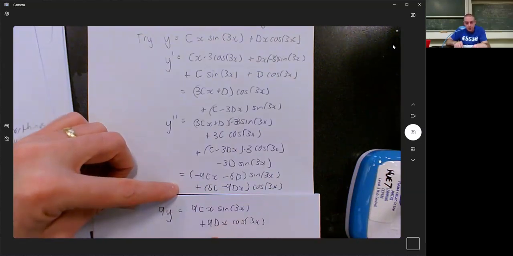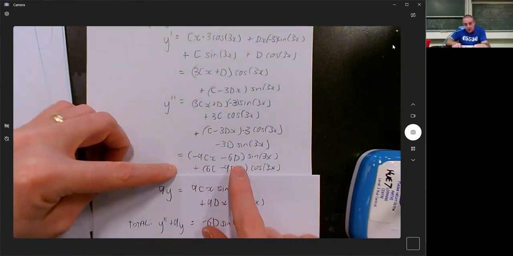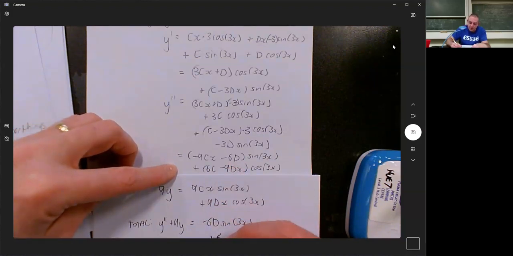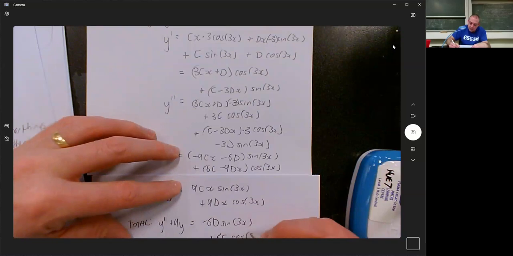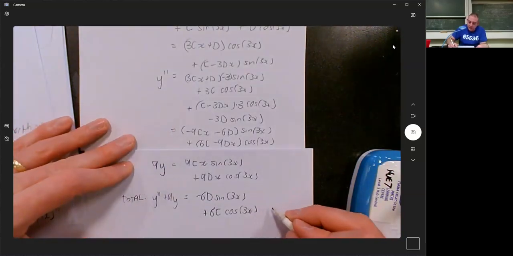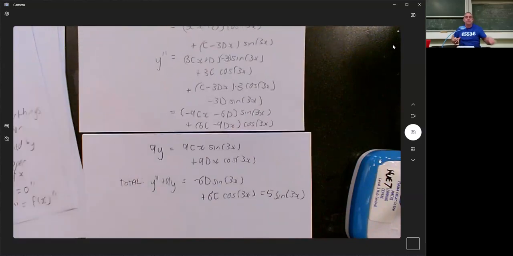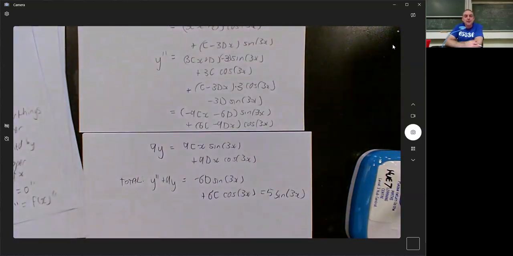And when I add this and this, the minus 9dx and the 9dx cancel each other out, and so I get 6c cos 3x. And all of this is supposed to come out to 5 sine of 3x. That's so cool.